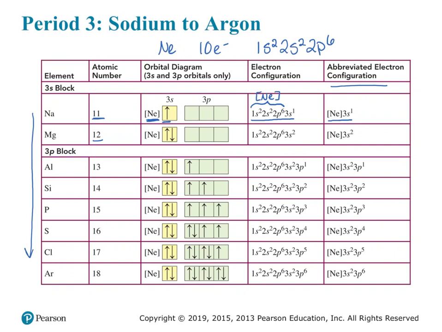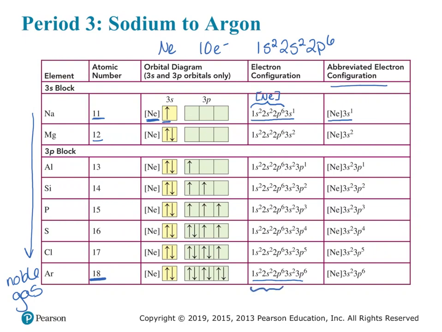Now, when we reach the end of the list, we get to our noble gas, argon, and that has 18 electrons. So it's completely filled in the 1s orbital, the 2s orbital, the 2p orbitals, the 3s orbital, and the 3p orbitals. So its electron configuration is 1s2, 2s2, 2p6, 3s2, 3p6.